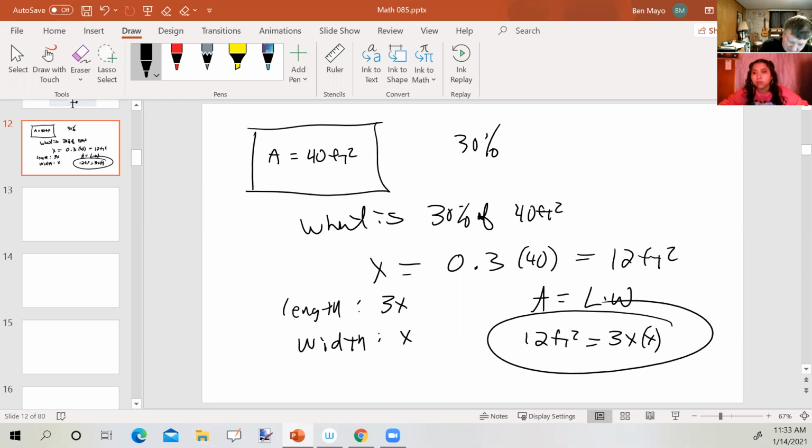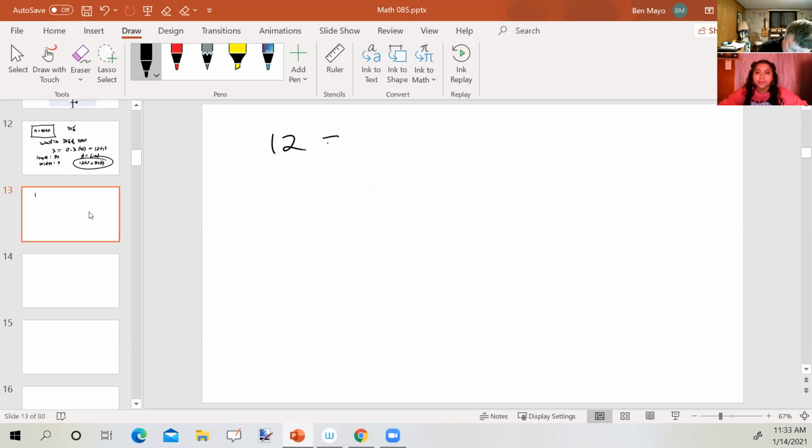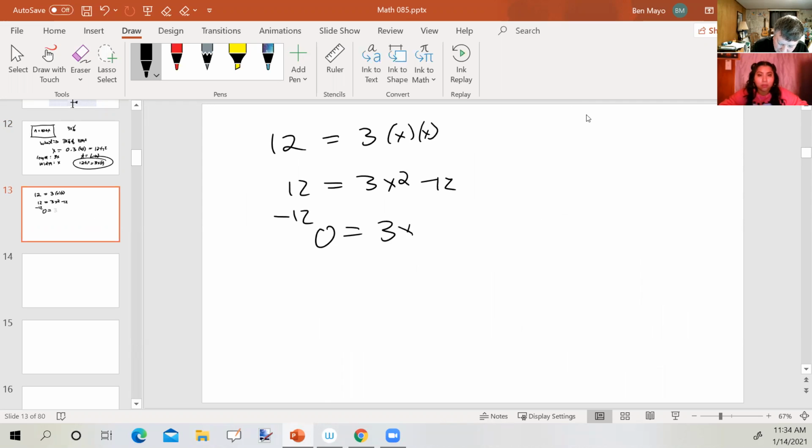So let's take that to the next page. 12 equals 3x times x. 12 equals 3x squared. So this is a second degree equation. I'm going to subtract 12 from both sides of the equation to get 0 equals 3x squared minus 12.